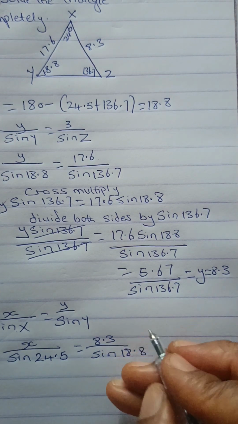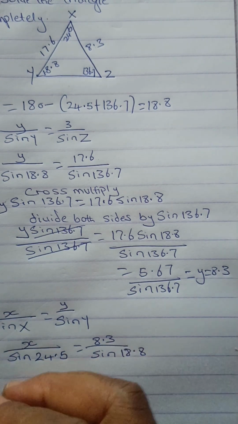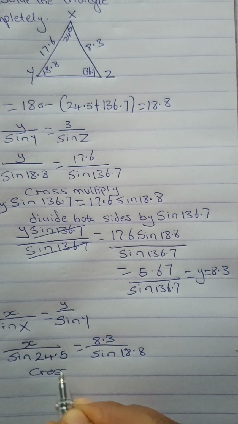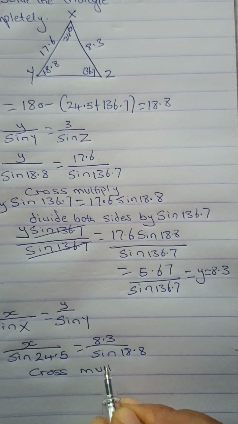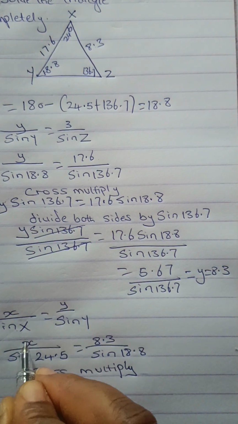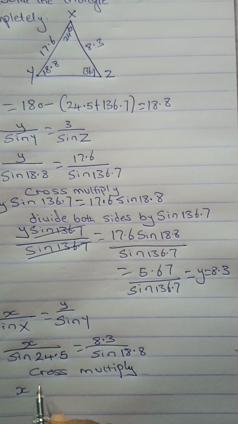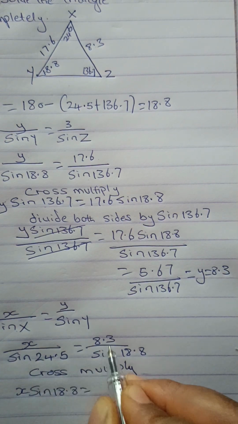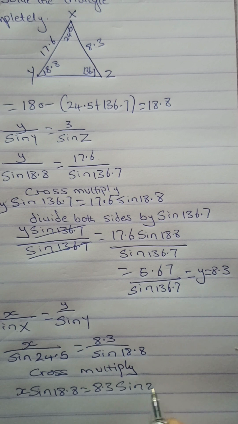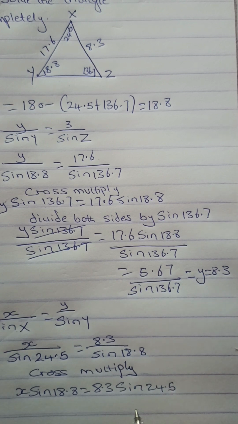So now let's solve this. Cross multiply. When we cross multiply this times this, we have x sine 18.8 equal to this times this, 8.3 sine 24.5.